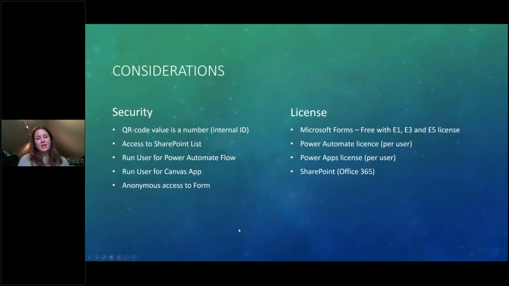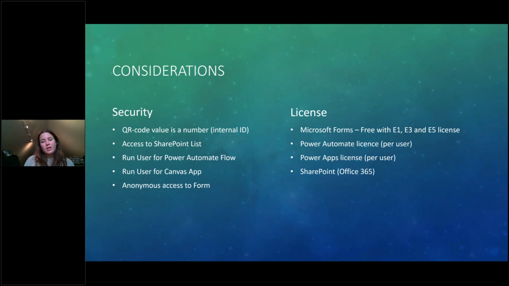Now, some considerations before we dive into each of the components. Security-wise, the QR code is usually a URL, so you would have a URL as the value of a QR code.